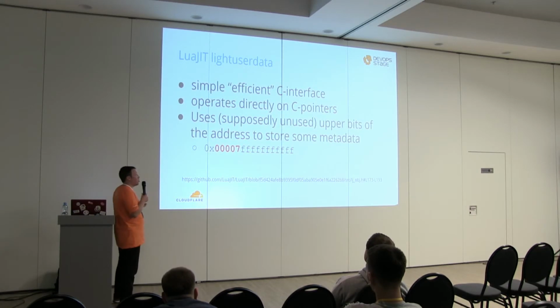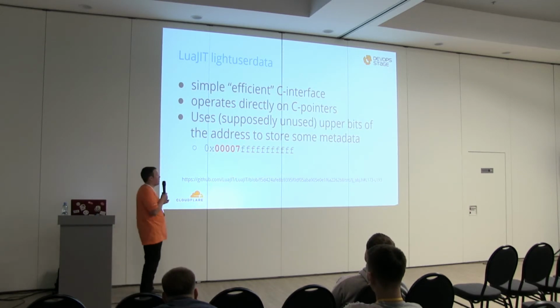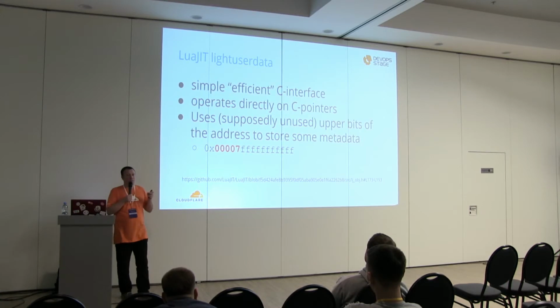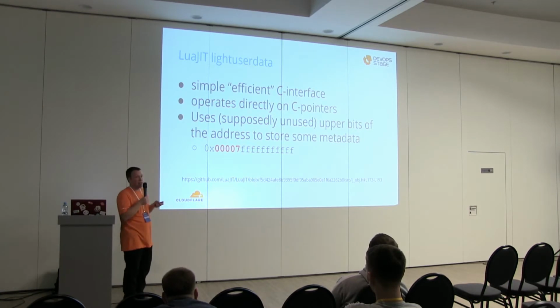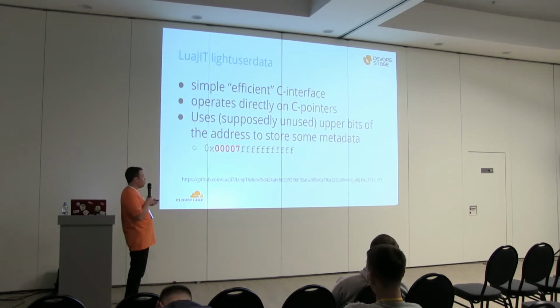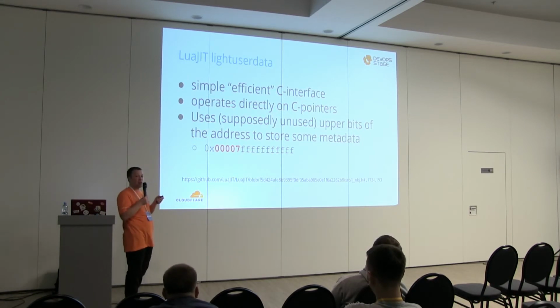However, they tried to be smarter, and with C pointers, they also needed to store some metadata for, I don't know, internal bookkeeping. And they noticed that, hey, on 64-bit platforms, we only have 47 bits of addressable space. So that means all upper bits are always 0, so we can use them to store our metadata. Because it's always 0, right?